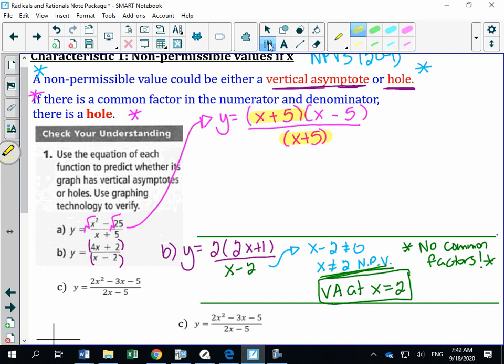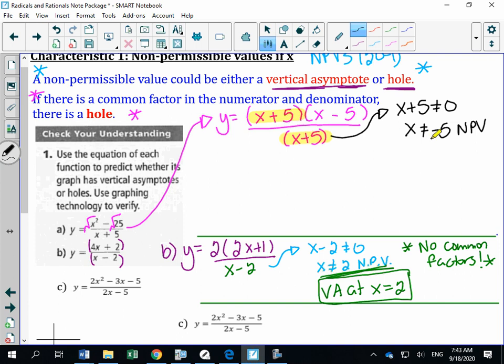So what was our non-permissible value? We know that this denominator could never be equal to 0. So my denominator cannot be equal to negative 5, and that's going to be a non-permissible value. So within my function, I could not type in negative 5 or I will get a 0 in the denominator.